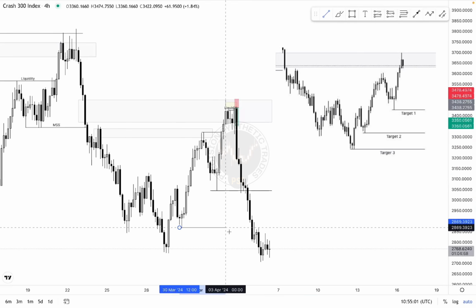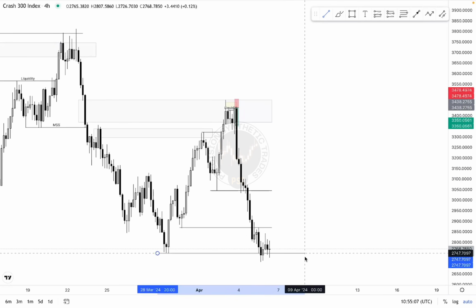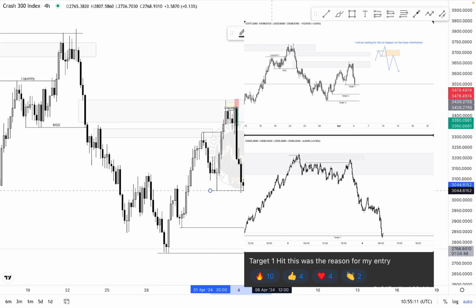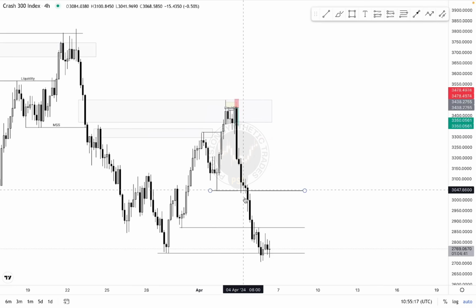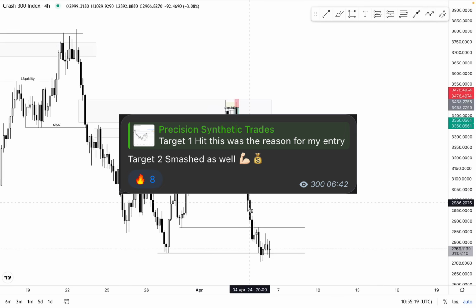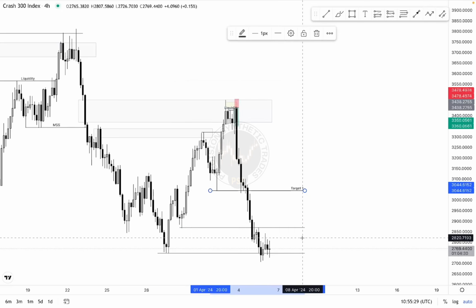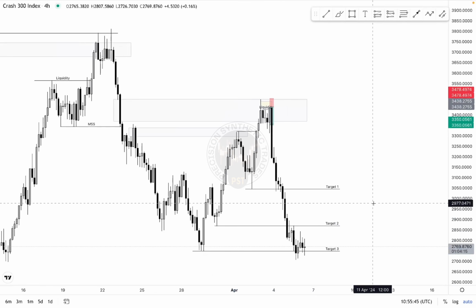This was my target 2. This was my target 3. And around 2-3 days, the first day crashed, went to target 1, second day target 2, third day target 3. And that's where price is currently at.